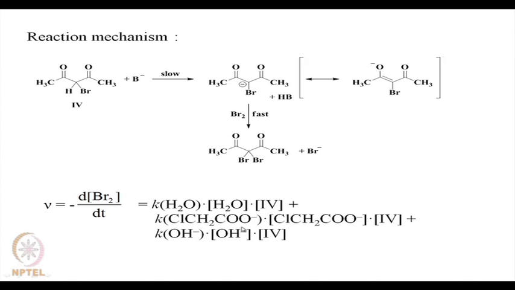So the contribution to K arising out of ClCH2COO minus, the contribution to the overall K for water, and this is the contribution to the overall K for OH minus. So, these are individual contributions.